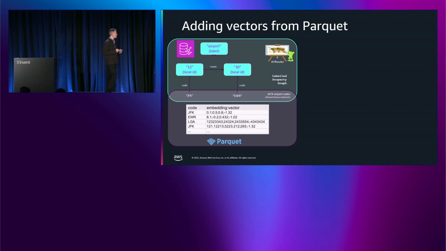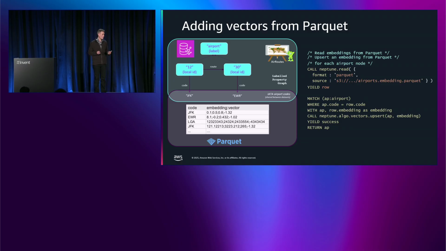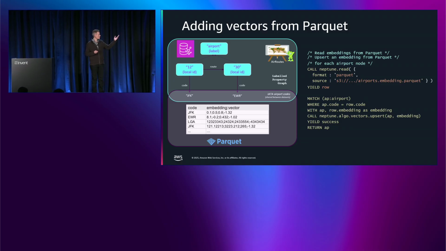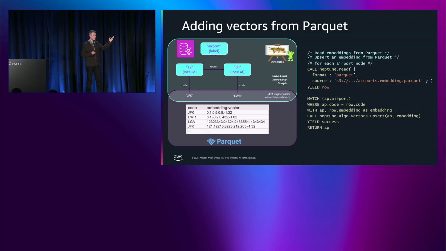So if we go back to the airport routes, and suppose that we have in S3 vectors, or we've made some LLM calls, and we've created vectors for our different airports, and we have those in a Parquet file, we can use the same kind of technique that we used before. In this case, we're using the Neptune.read function.